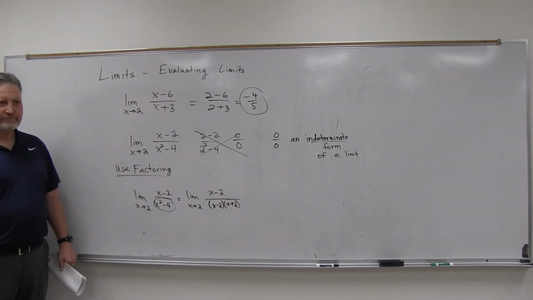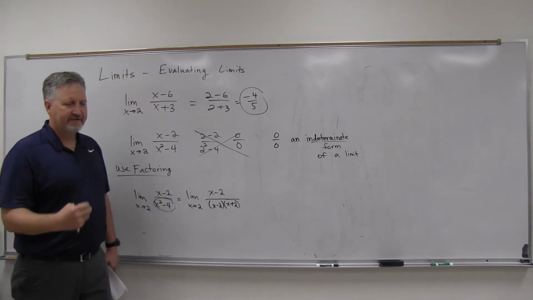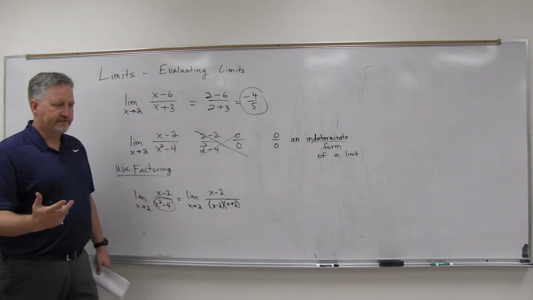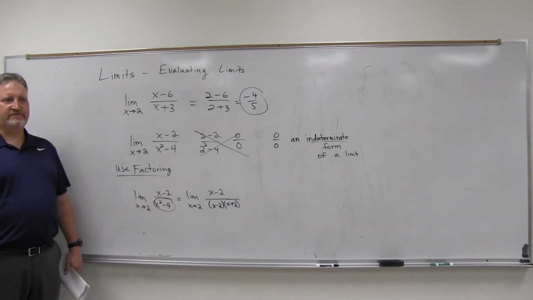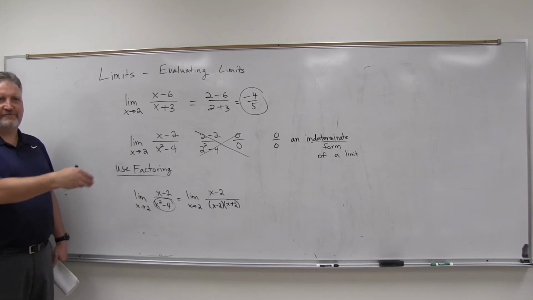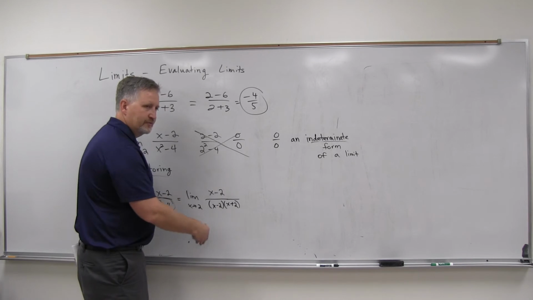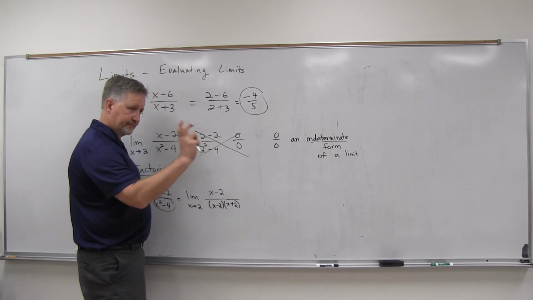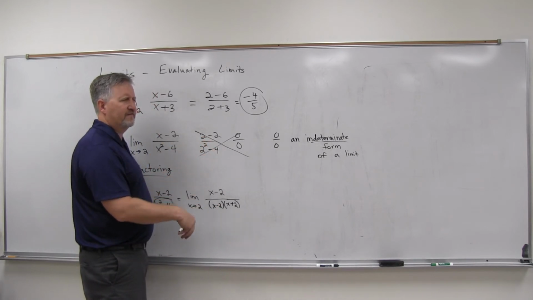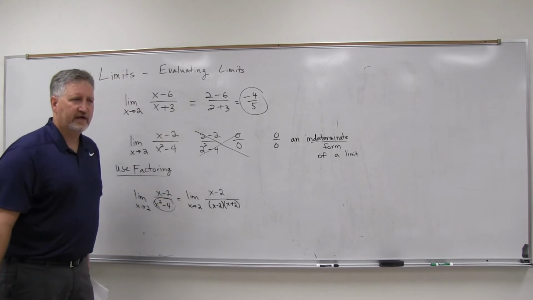Now here's where a lot of times nice things happen when we get this factoring. We notice we've got a common factor, x minus 2. A lot of times you have to note that you canceled something out.